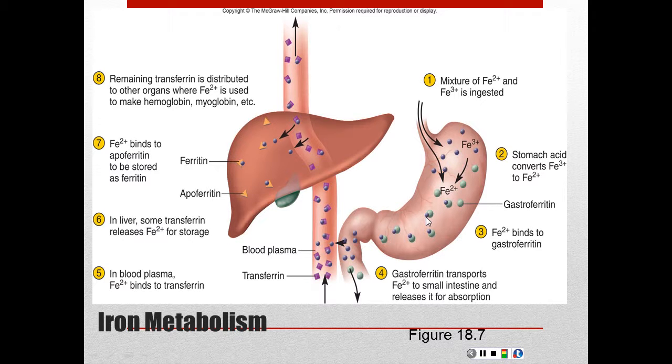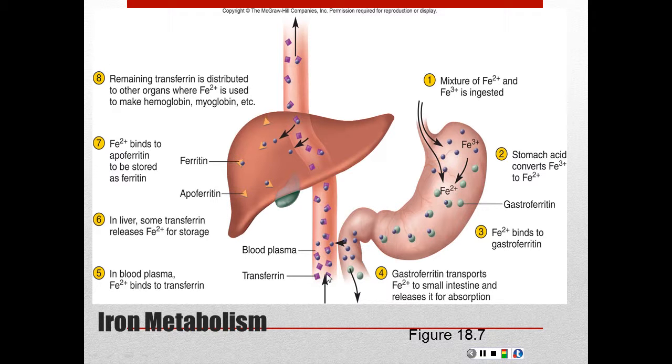Now, once absorbed in the blood, the Fe2 binds to a plasma protein called transferrin, which carries it to the bone marrow, the liver, and other tissues. So here we have our transferrin, which is our purple triangles binding with their Fe, and this is going to help take it to where?